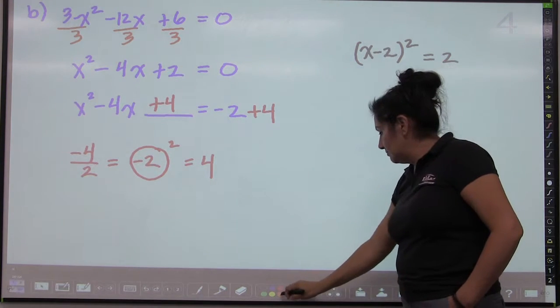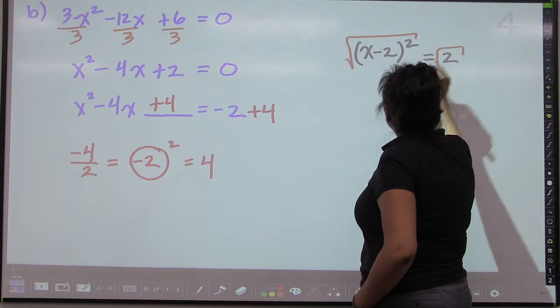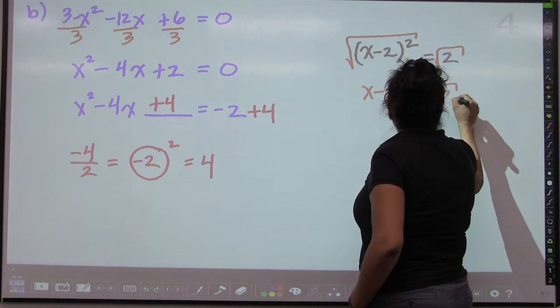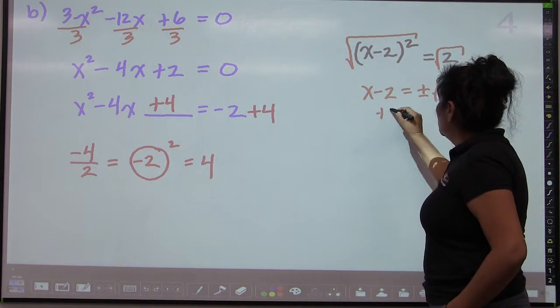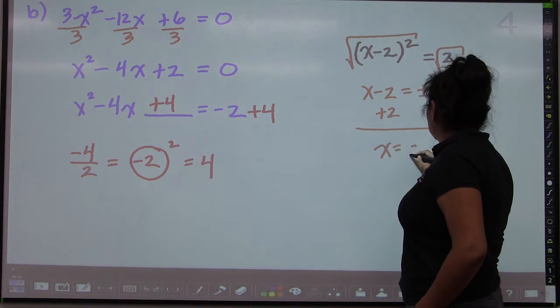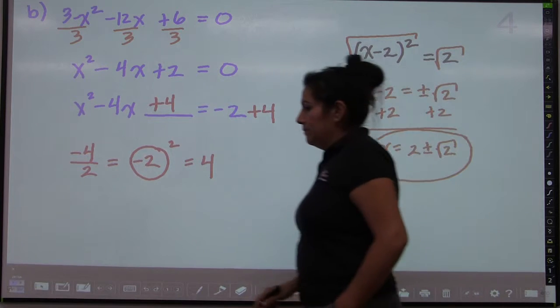All right. Square root both sides. X minus 2 equals plus or minus root 2. Add 2 to both sides. X equals 2 plus or minus root 2.